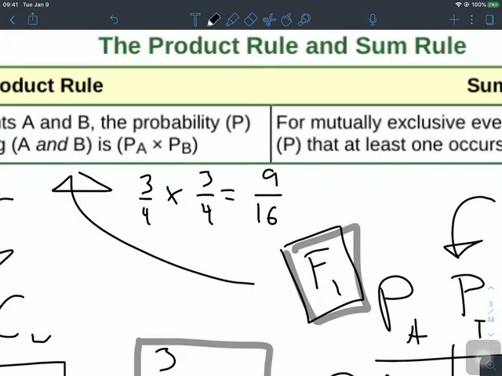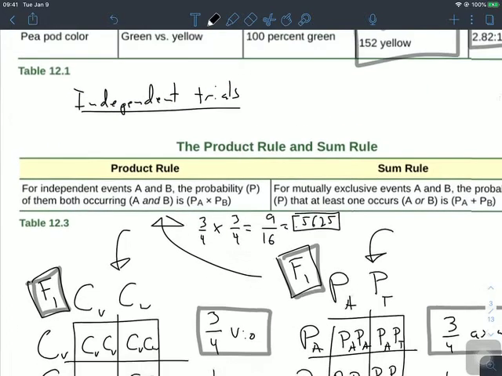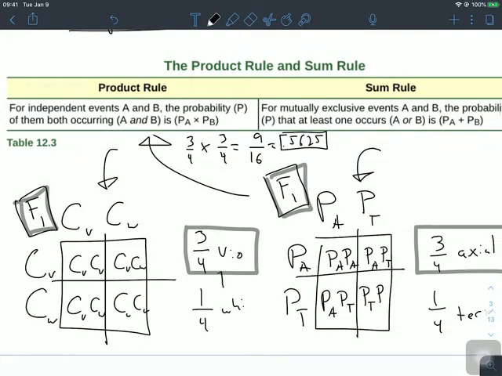Or if you prefer using a calculator, 0.5625. So the likelihood of pulling a violet flower from this group and an axial flower from this group in two independent draws is 56.25%.